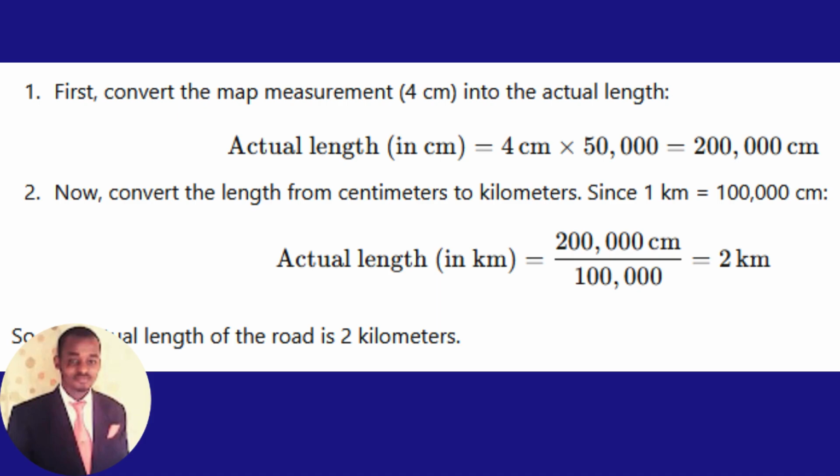The actual length in centimeters is 4 centimeters times 50,000, which is 200,000 centimeters. Now convert the length from centimeters to kilometers. Since 1 kilometer equals 100,000 centimeters, the actual length in kilometers will be 200,000 centimeters divided by 100,000. That gives you 2 kilometers. So the actual length of that road is 2 kilometers.